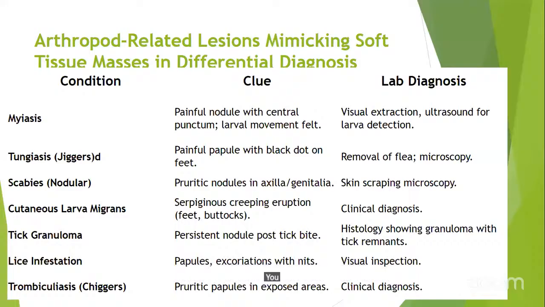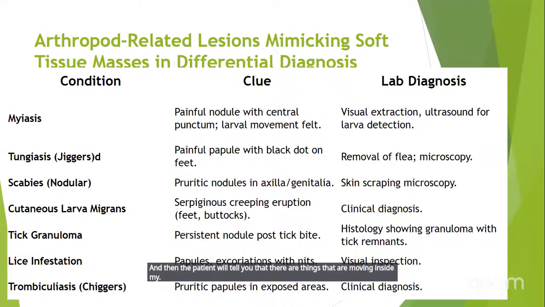You have a big mass with something like a hole there. And then the patient will tell you that there are things moving inside the lesion. So what do you do as laboratory personnel? You do visual extraction. You can send for ultrasound, and then you'll see that there are so many larvae inside.